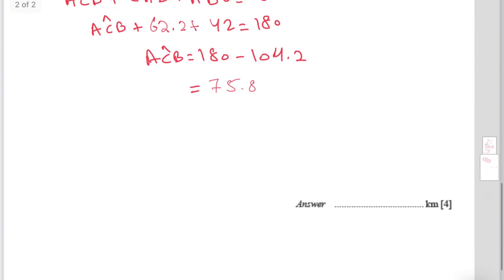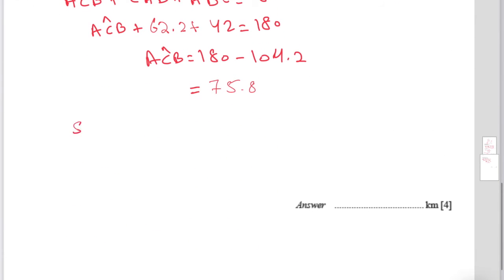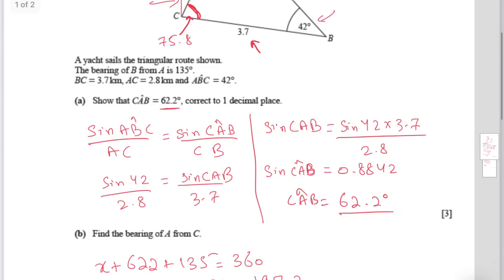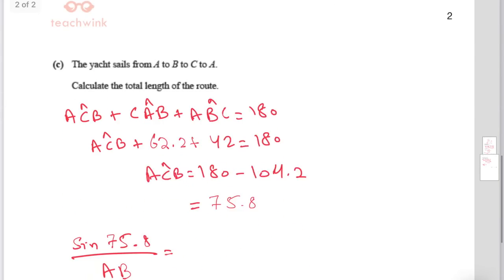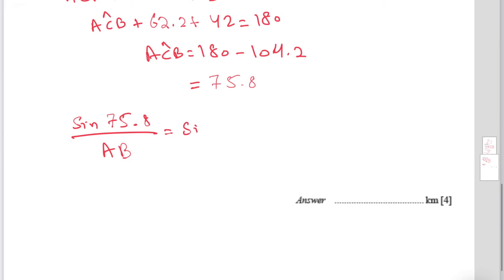So that means, I'm just directly going to use these values. So sine 75.8 over AB, which is the unknown, is equal to, we can pick any of the two sides. Let's pick 42 degrees. So sine 42 over 2.8. Now let's cross multiply.